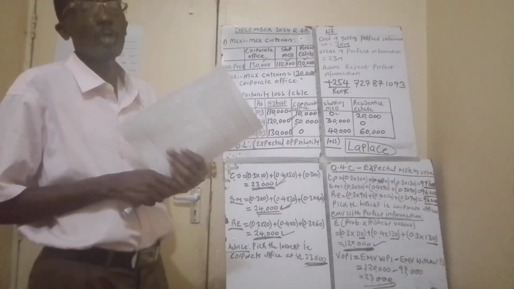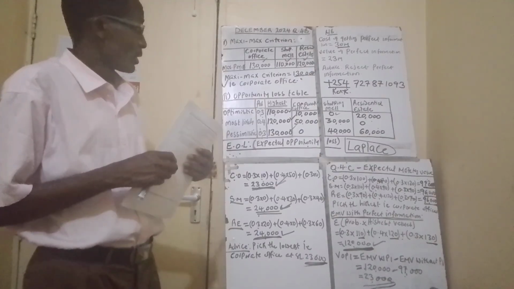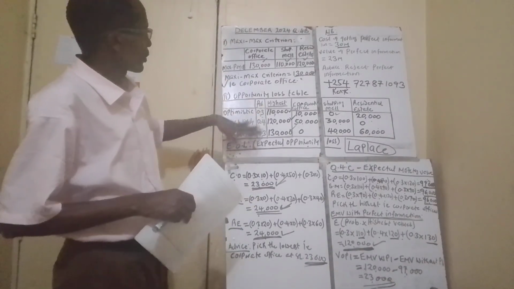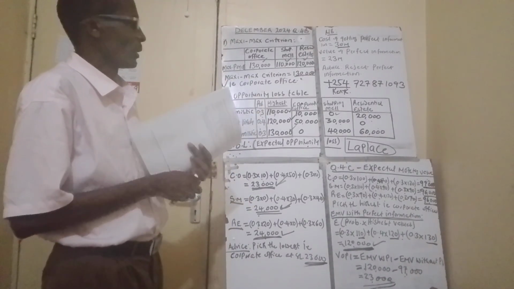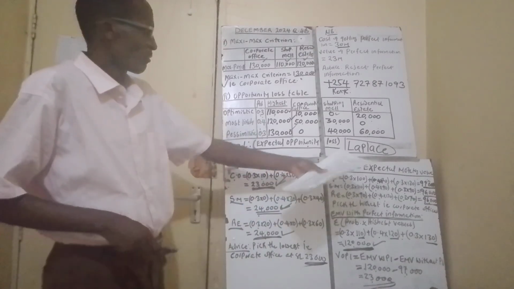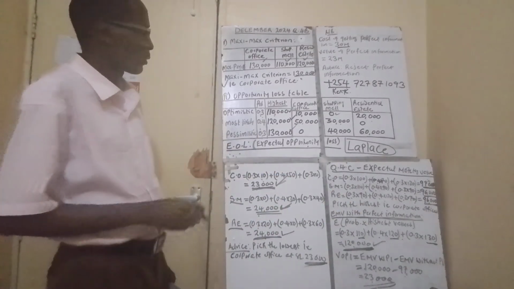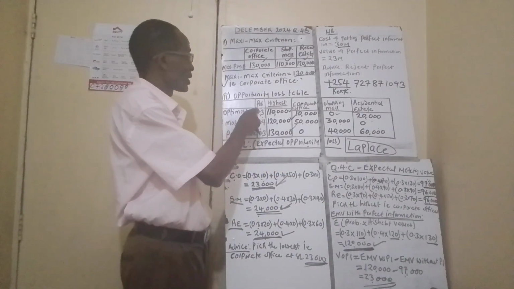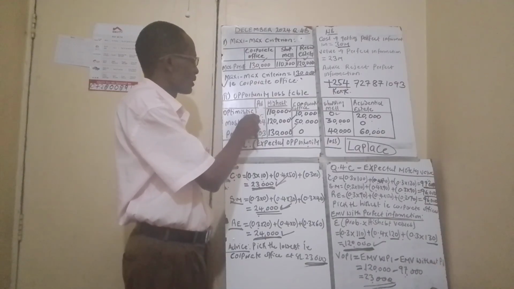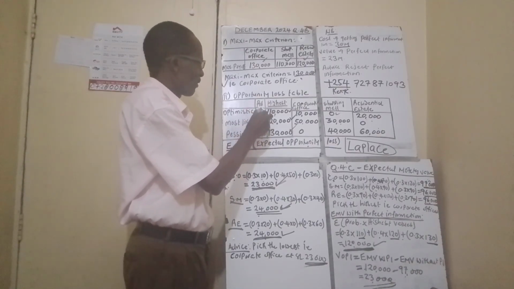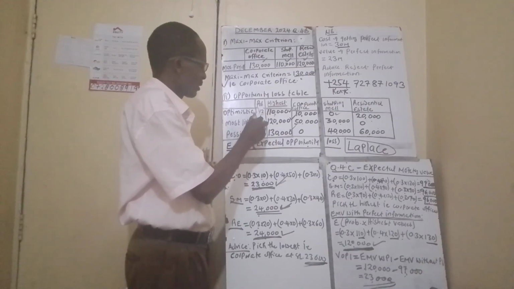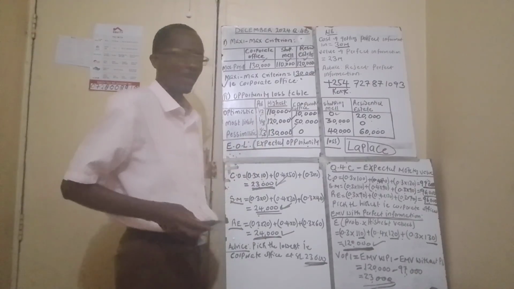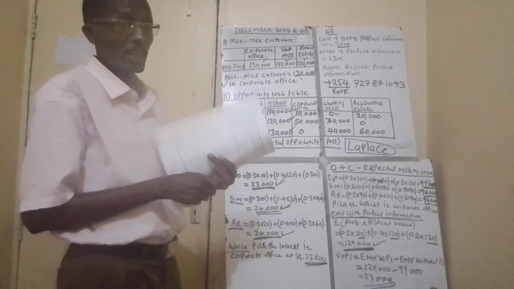If there was no probability here, we should have used the Laplace method. We could have said 1 over 3, 1 over 3, and 1 over 3. That's what we mean by Laplace.